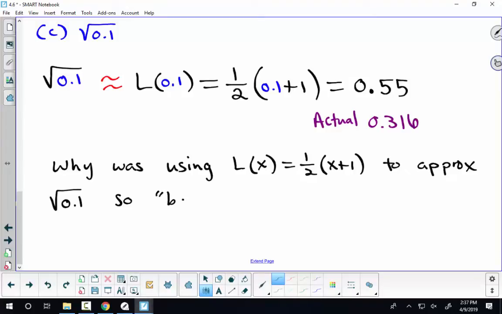I don't know, bad's relative, so why was that approximation off a lot?